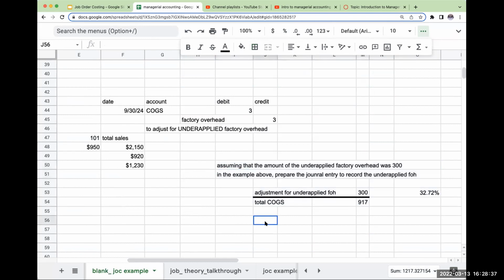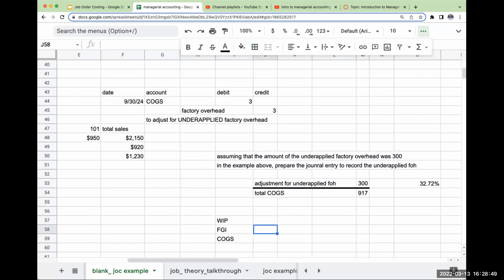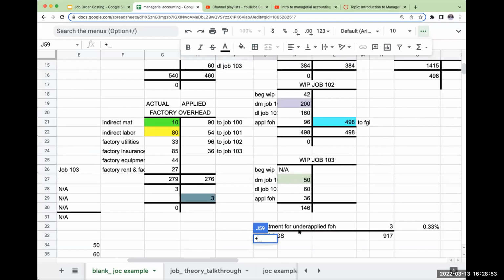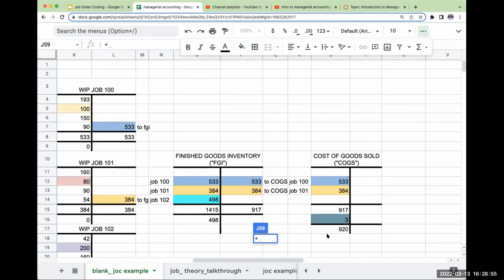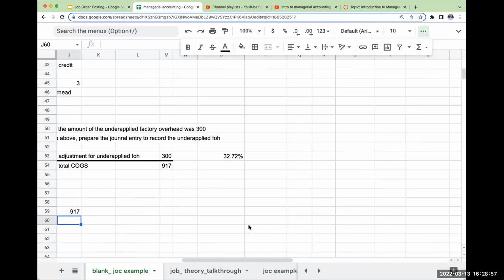So what were the categories that this went through and got impacted? We're going to have work in process, finished goods inventory, and cost of goods sold. My cost of goods sold pre-adjustment was 917.